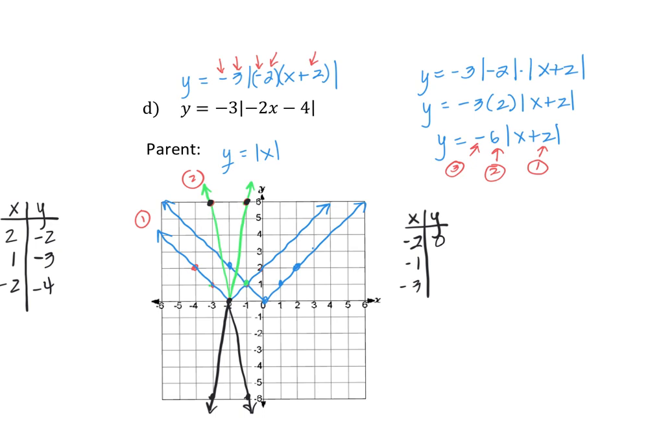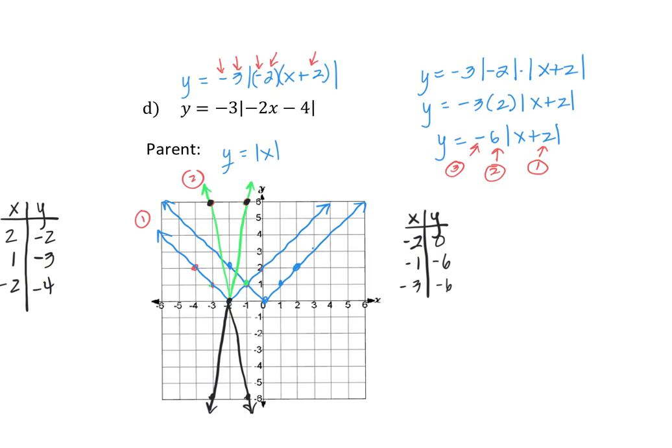Absolute value is going to be positive 2, and I get a negative 6, which is exactly the point I passed through. If I put in negative 3 for x, I get 6 minus 4 is 2. So 2 times negative 3 is negative 6. That seems to match the graph that we have.